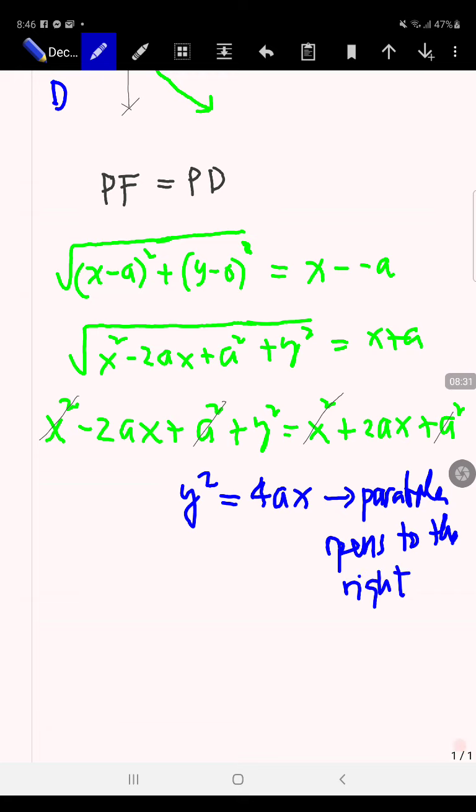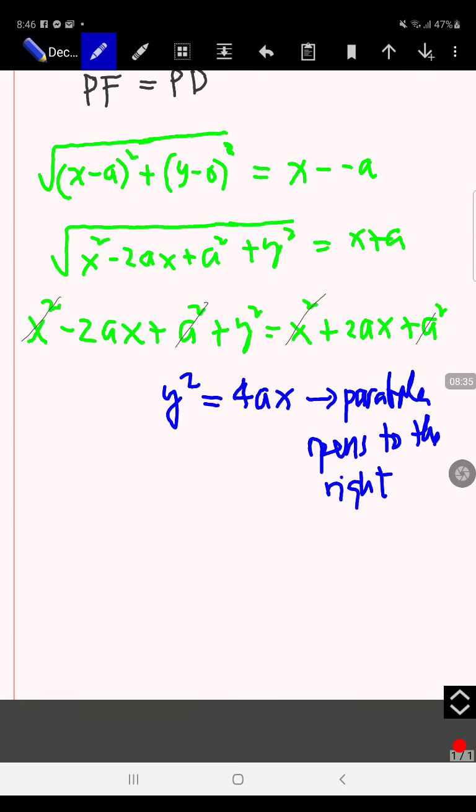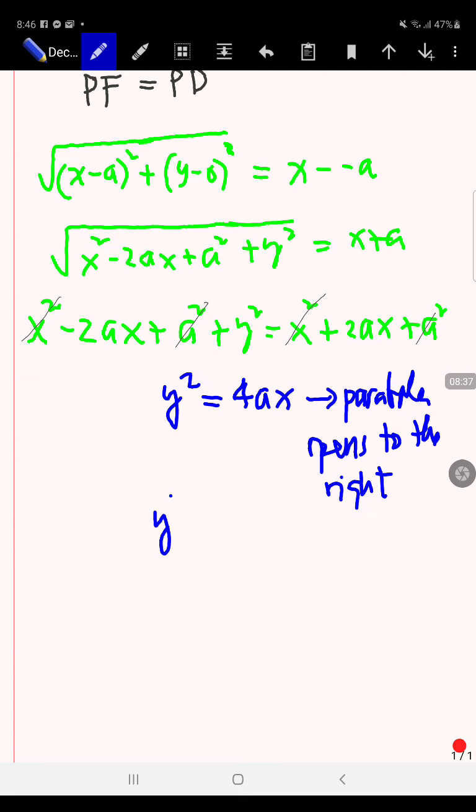Similarly, if the parabola opens to the left, the equation would be y squared equals negative 4ax.